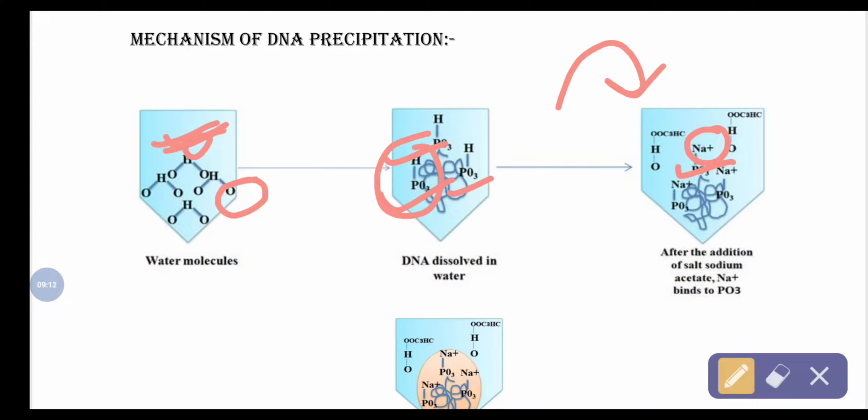Okay, now what happens? As we have discussed, water is a polar molecule, and moreover, one major thing plays a role here, that is the dielectric constant. So what is the dielectric constant? It is the amount of the force of attraction, basically, acting on two oppositely charged particles.